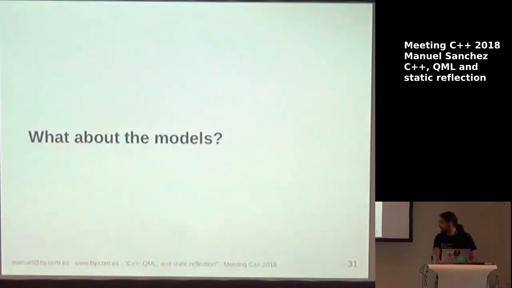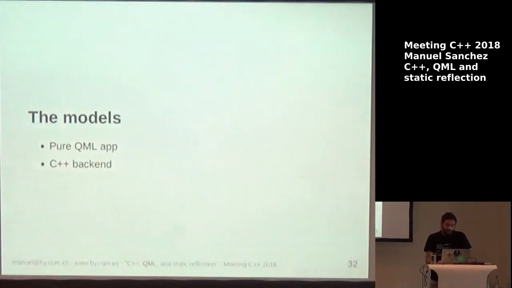And what about the models? The models are a problem because QML provides basically two options for the model. Actually, three, because it has a direct model against an SQL database, but let's see, there are only two.